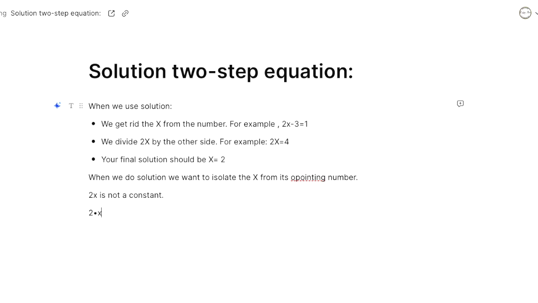Just so you know, there are a lot of ways. Another way is this, 2x. So there are 3 types of ways that we can do it.